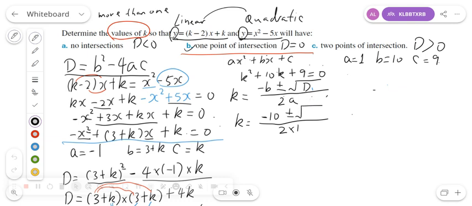So let's very quickly calculate the discriminant. So d1 equals 10 squared minus 4 times 1 times 9. So your d1 equals 100 minus 36.